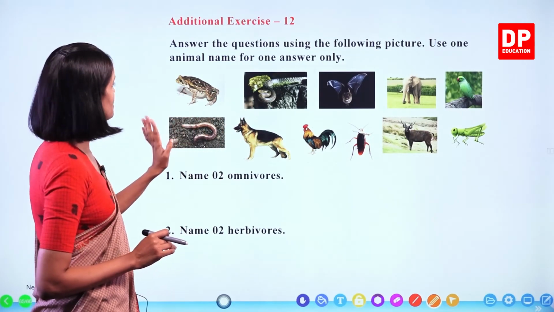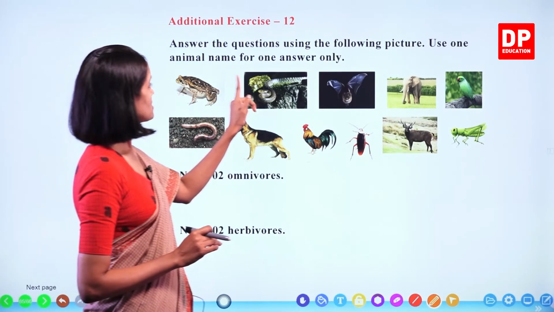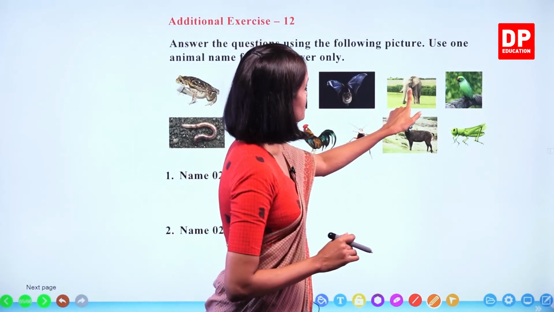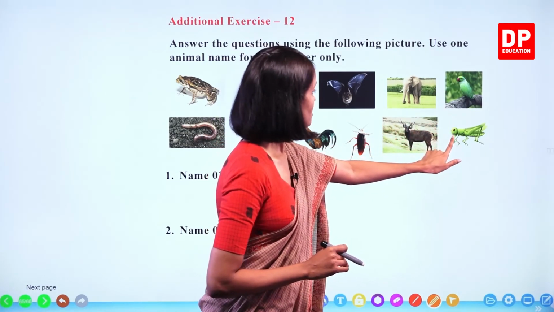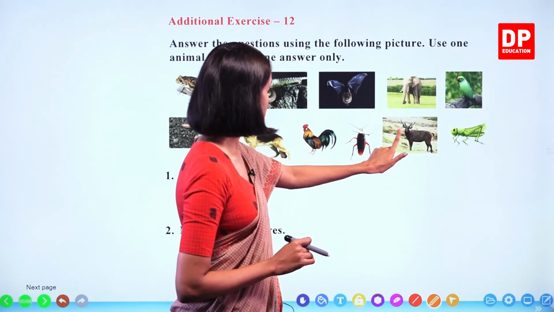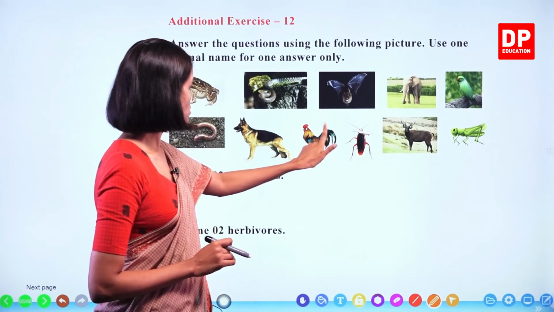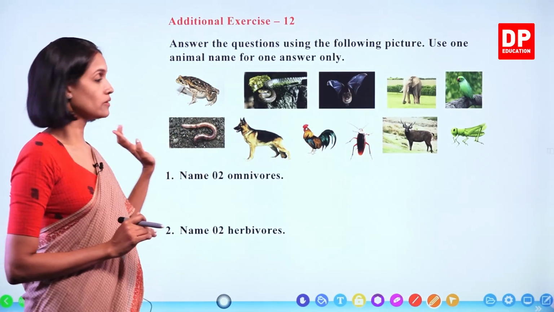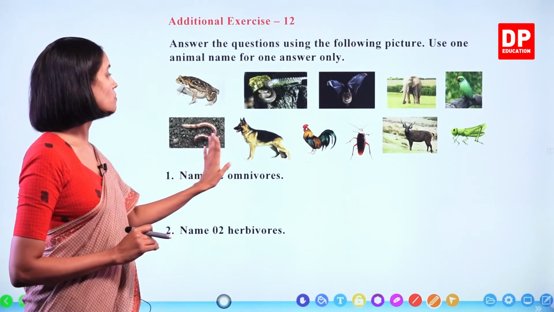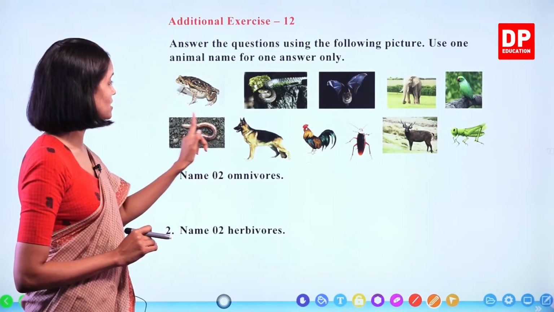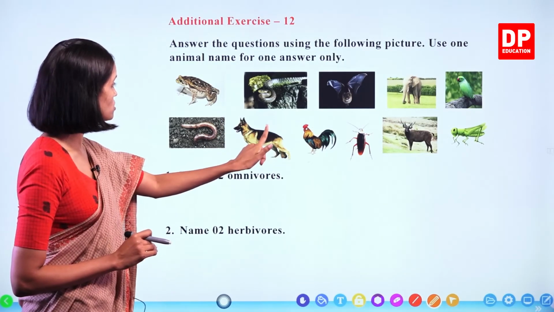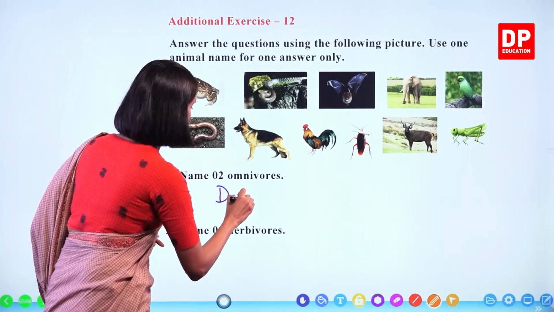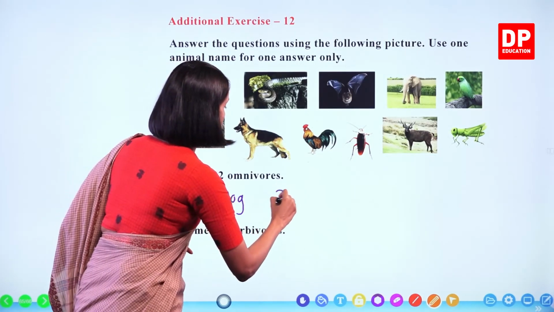Look at these animals: a frog, a snake, bat, elephant, parrot, grasshopper, deer, cockroach, cock, dog, and earthworm. Right? Name 2 omnivores. Who are the omnivores? Here we can write dog, cockroach, cock. We'll write dog, cockroach.